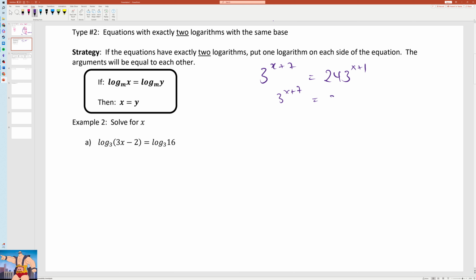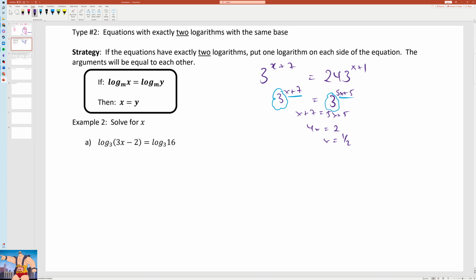Well, 243 is the same as 3 to the exponent of 5, so 5x plus 5. And then we can say the x plus 7 is equal to 5x plus 5, and then we can isolate 4x. Once we said, if both of them have a base of 3, then to be an equation, the exponents have to match because the exponentials are 1 to 1.